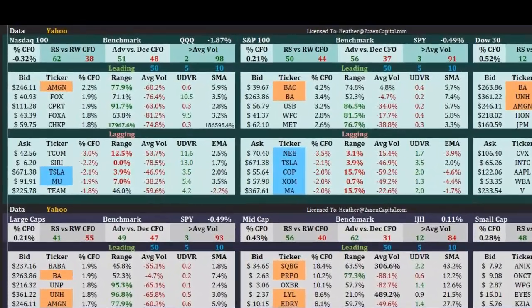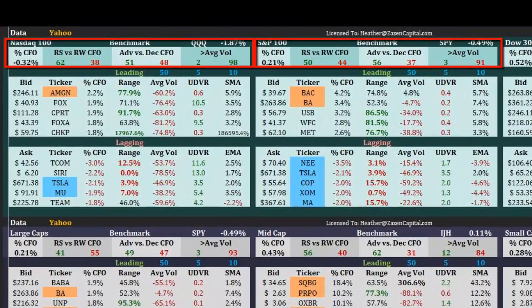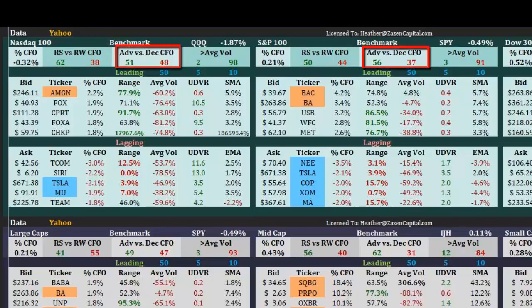Another top-down technique that's available is to utilize the top banner of each section, and you compare and contrast the relative strength and relative weakness changes from the open versus the advanced decline changes from the open. Again, along the lines of that concept of a rising tide lifts all boats, you can simply hunt for an index or a sector or a market cap that has the most number of stocks showing relative strength or relative weakness, advancing or declining.